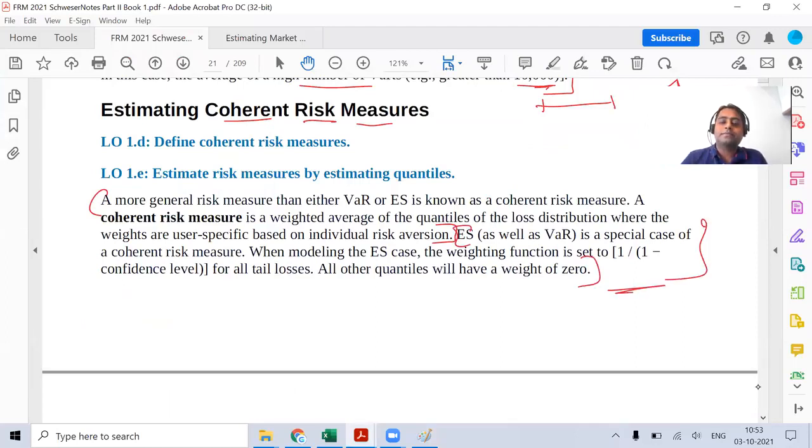Read these 3 lines. They're talking about expected shortfall. It gives equal weightage of 1 upon alpha to the tail, but for all the other quantiles, the weights are given as 0. This is about expected shortfall.